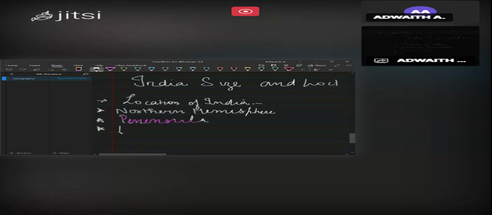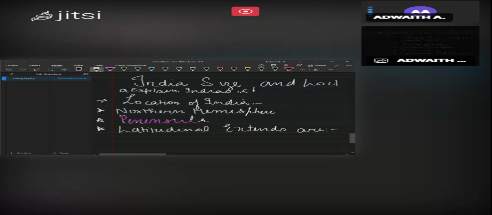Then latitudinal extents. If a question arises like explain India's strategic position, you have to write this.